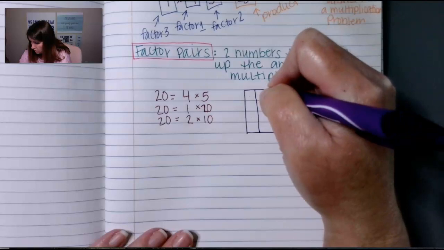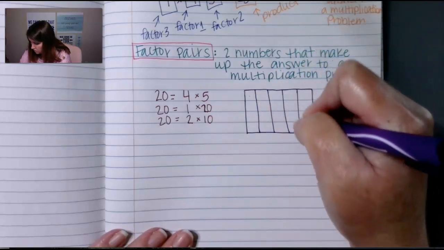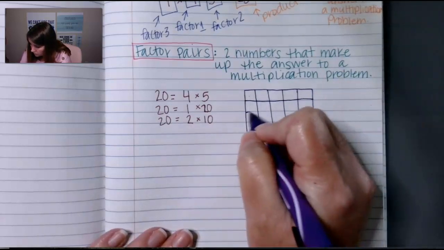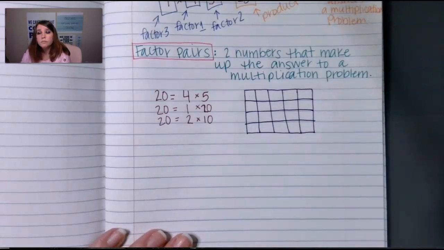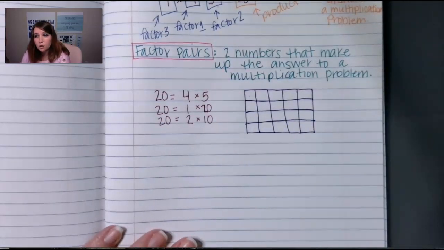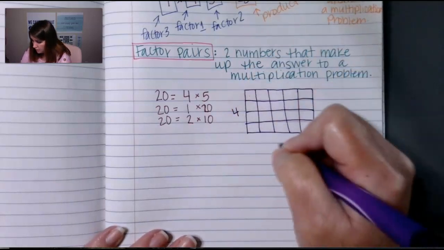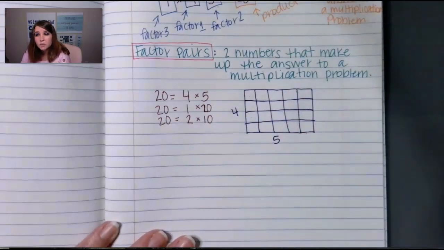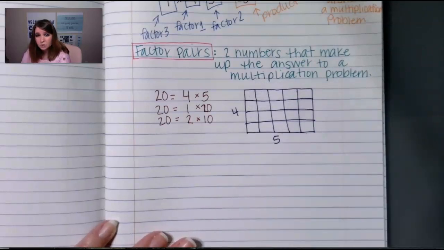So there's 4. I have a 4 by 5. So 4 units by 5 units gives me 20 units. I can count and color all these in, and it equals 20.